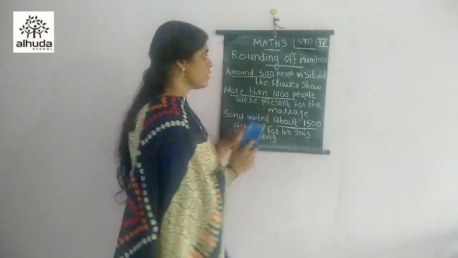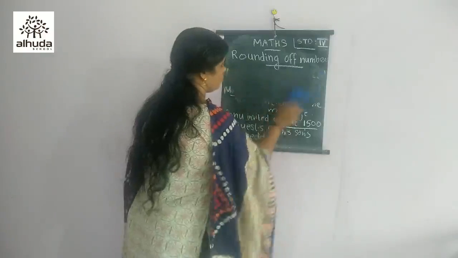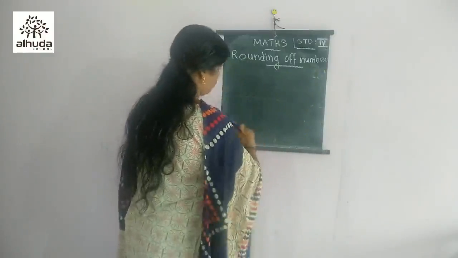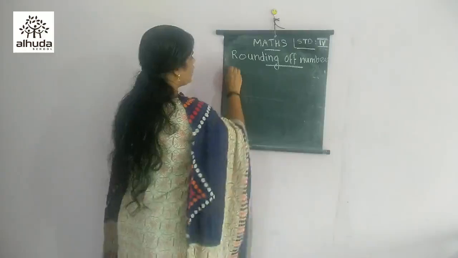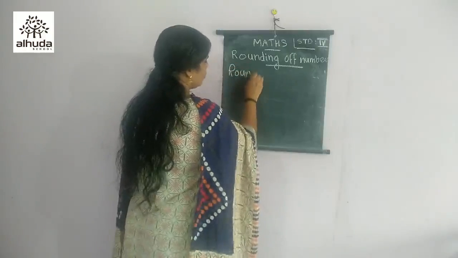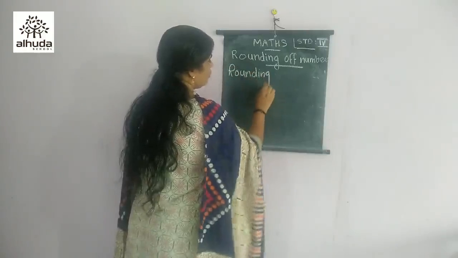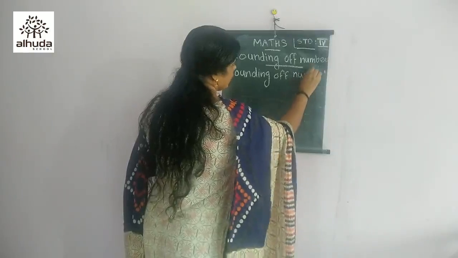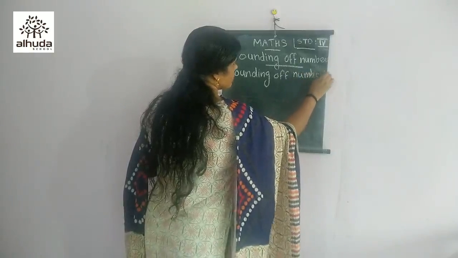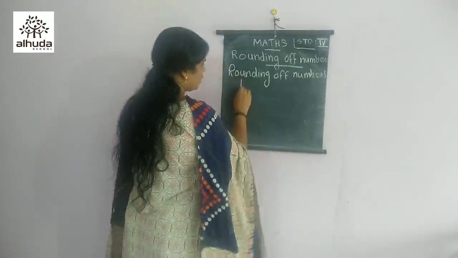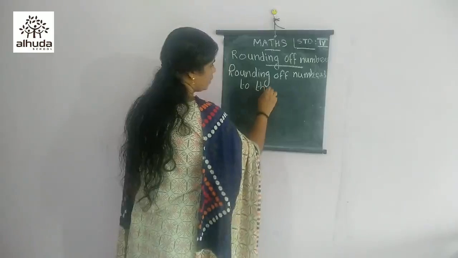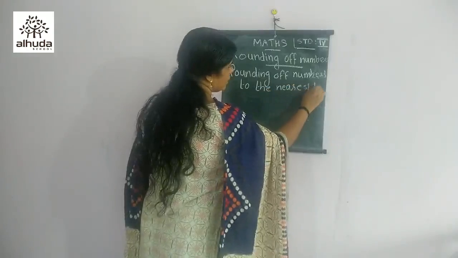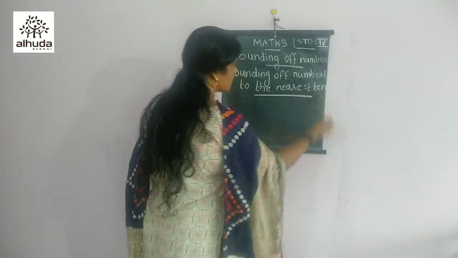So, among this, first comes rounding of numbers to the nearest 10. That is the first section.